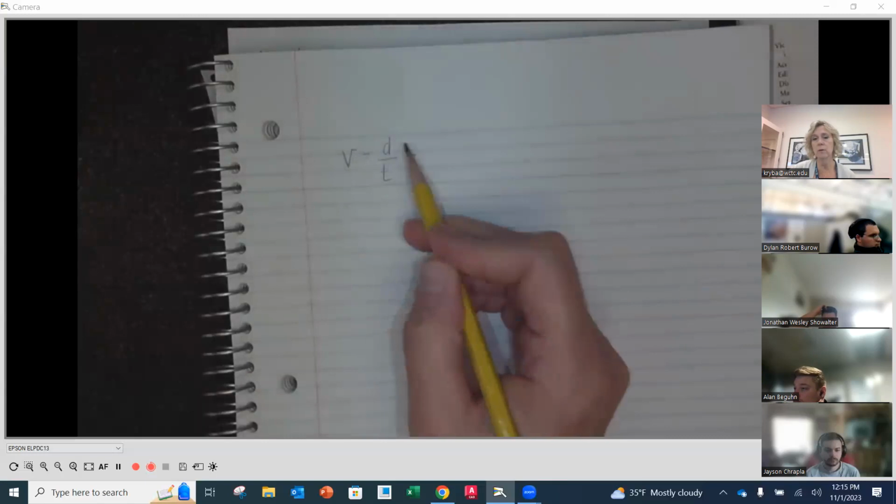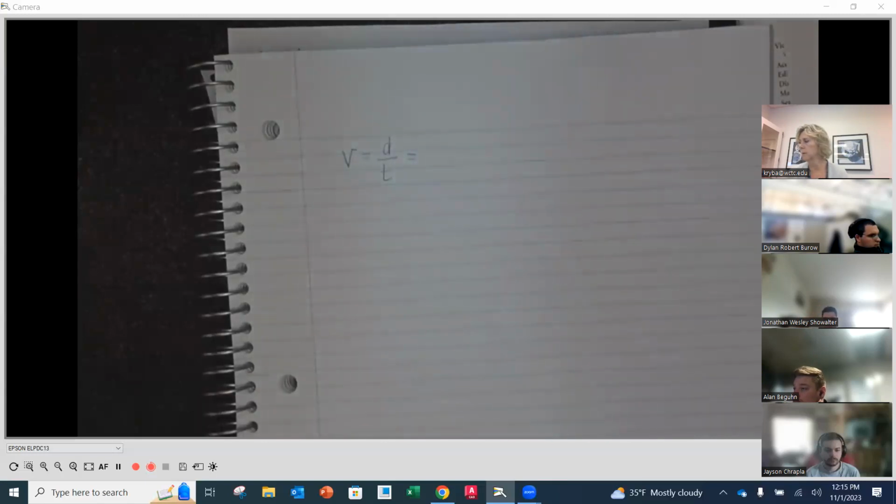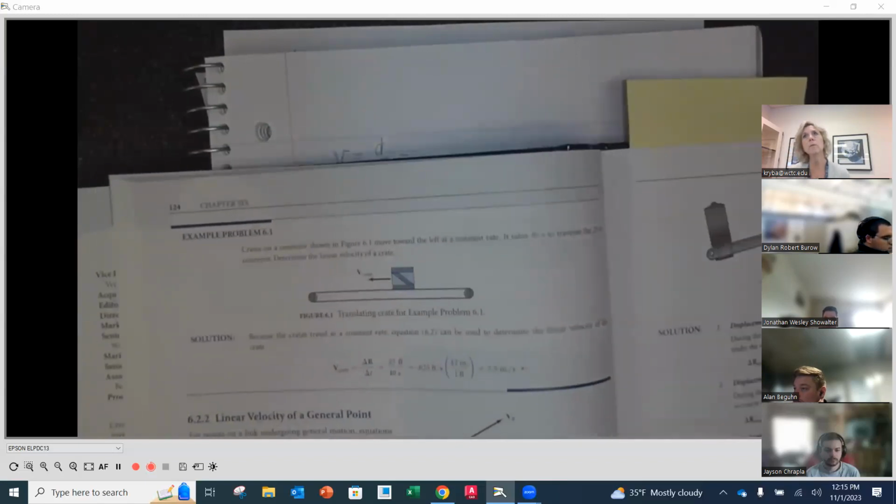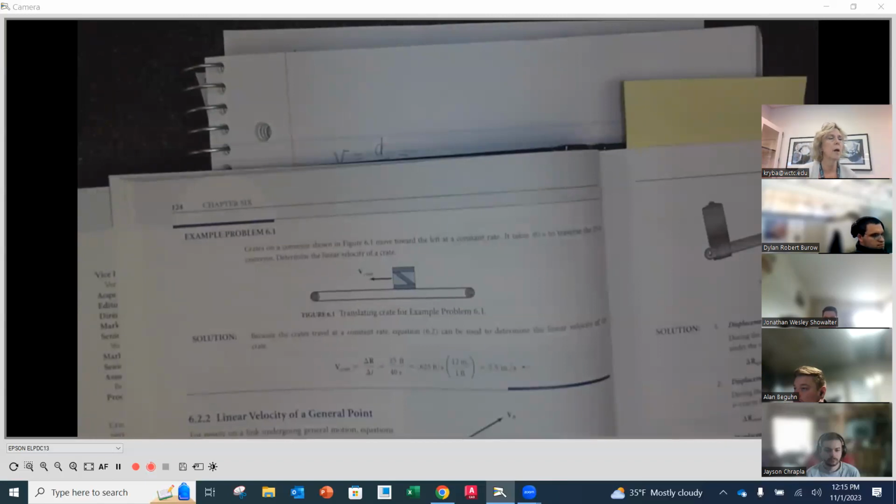So now what we can do is, from our problem, find and plug in our values. We know our distance is going to be the 25 feet. It doesn't say the distance is 25 feet for this equation, but this is where knowing units is really important. I have to presume that at this point, you already know standard types of units, for instance, distance.